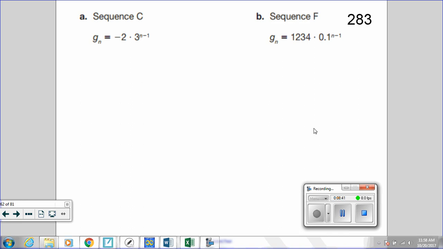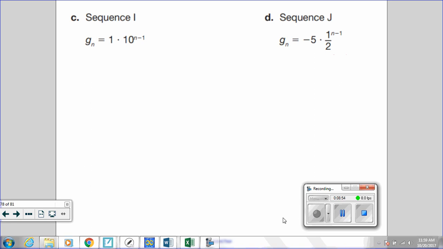Here's geometric. I'm sorry, we've done those. Here's two new ones. And you can check your answers here.